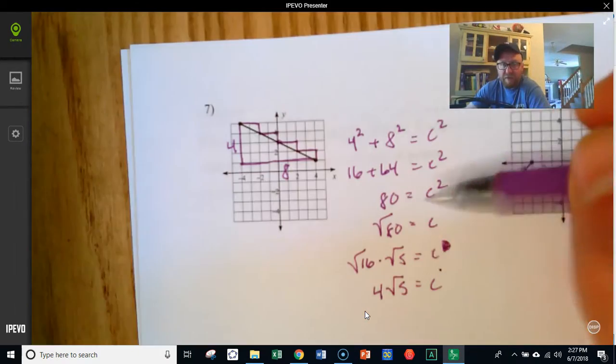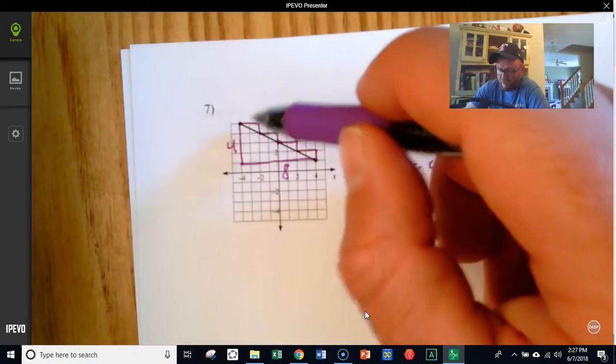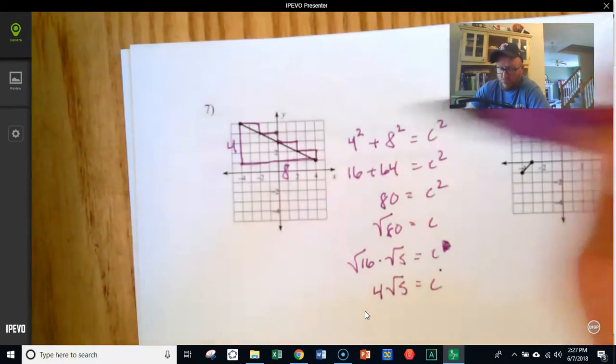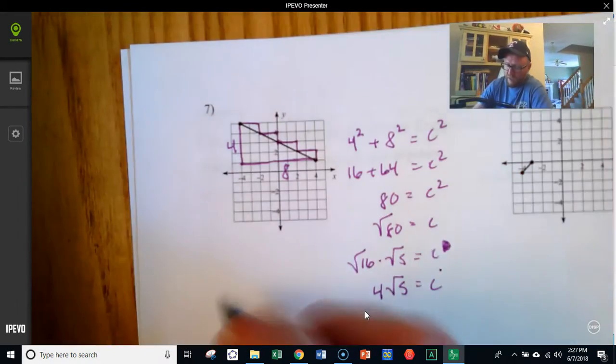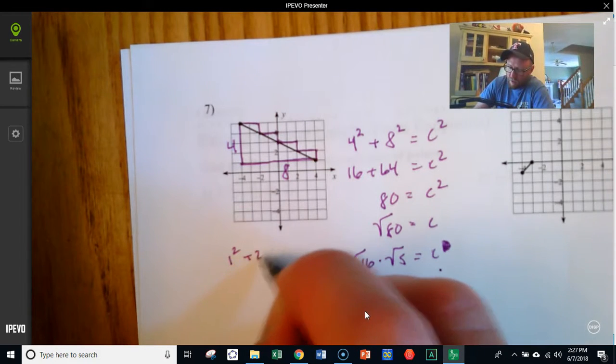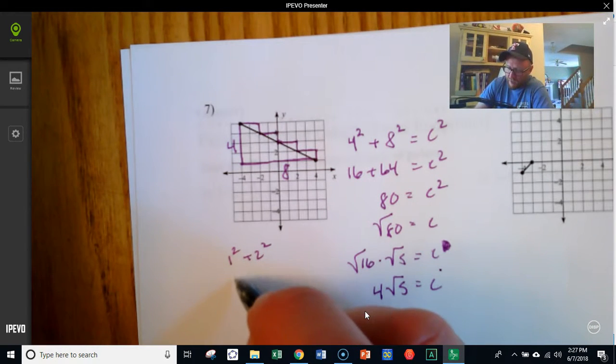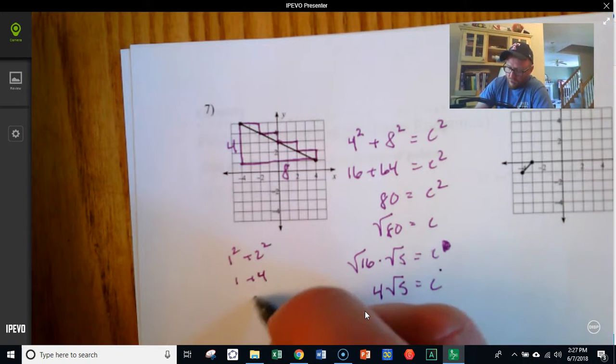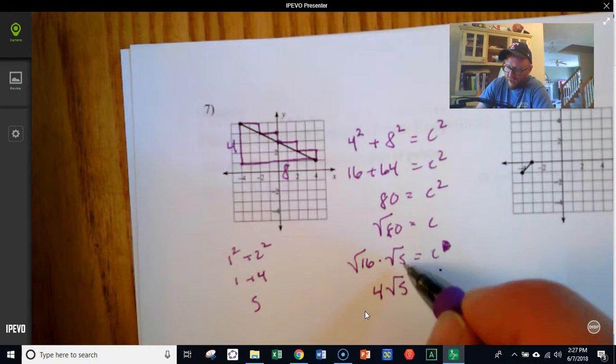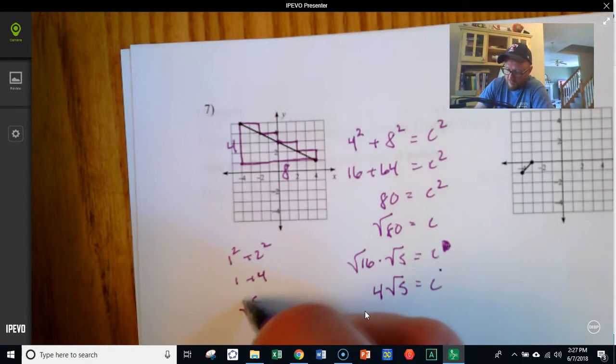I could draw this as the hypotenuses of 4 identical right triangles that are both 1 by 2. And if I did 1 squared plus 2 squared, that's 1 plus 4, that's 5. And that's where the square root of 5 comes from.